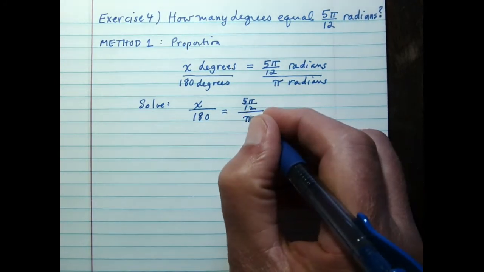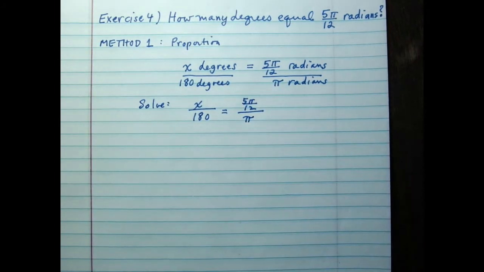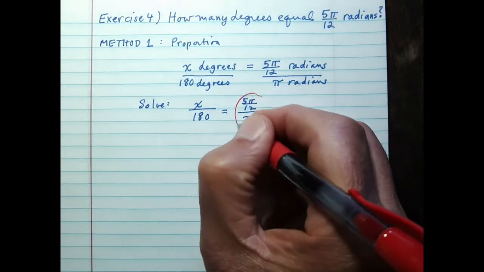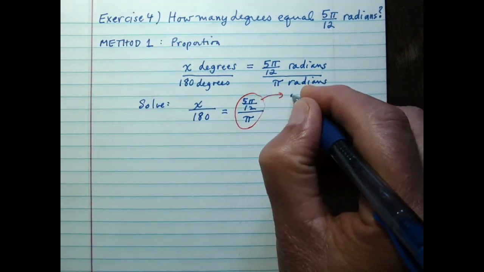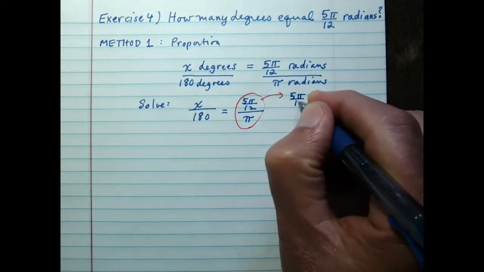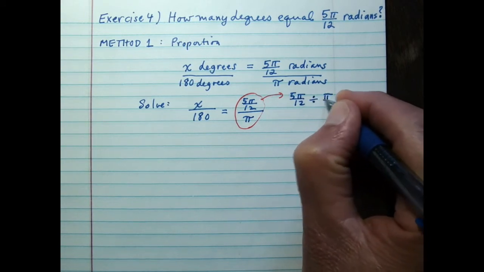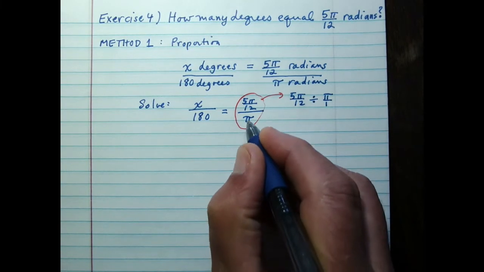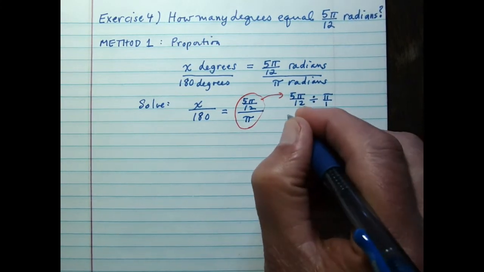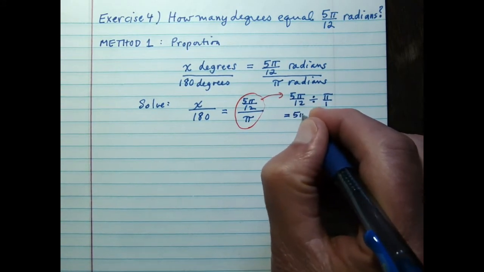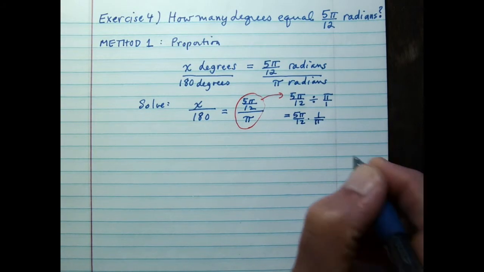When I get a complex fraction in a problem, I can just take that right-hand side of the equation and write it out as a division problem. Now that's divided by pi over 1, because that pi is not a fraction down below, right? It's just pi over 1. And I can do that division by inverting and multiplying the second fraction.